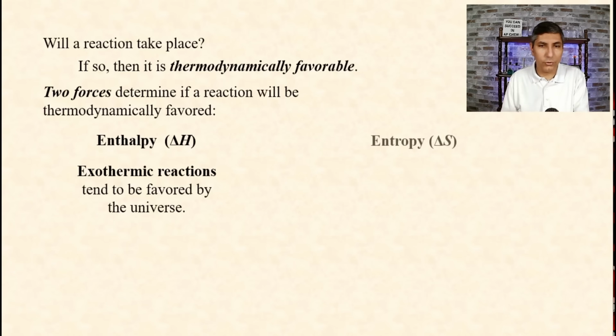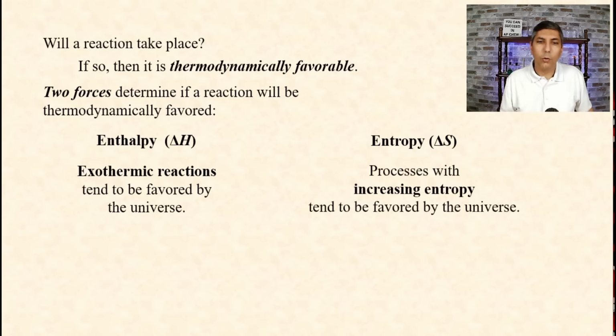Now, the other driving force is entropy. And we know that the universe likes it when entropy increases. And so if you have a reaction that has a delta S that's positive, then the entropy is going to be a driving force for that reaction.